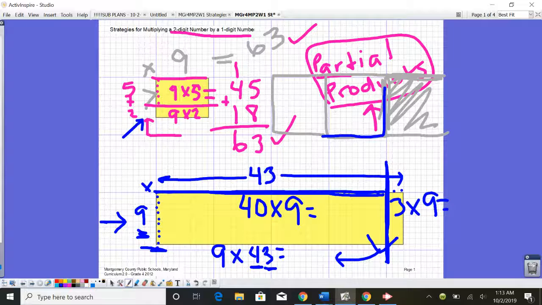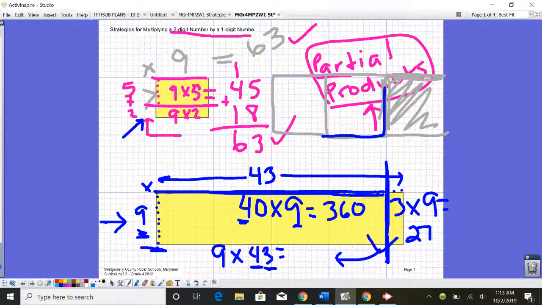This is partial products. Let's start with the first part. 40 times 9 is the same as 4 10s times 9, which is the same thing as 36 10s. If I know 9 times 4 is 36, 9 times 4 10s is 36 10s. 3 times 9 is 27.